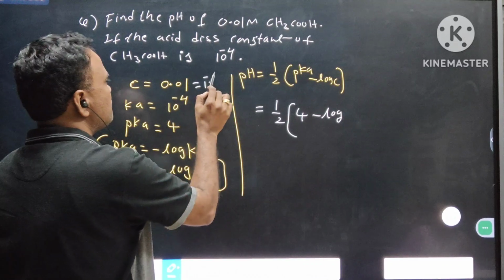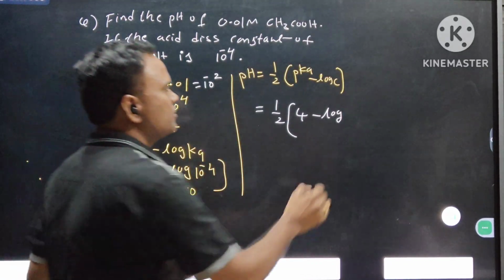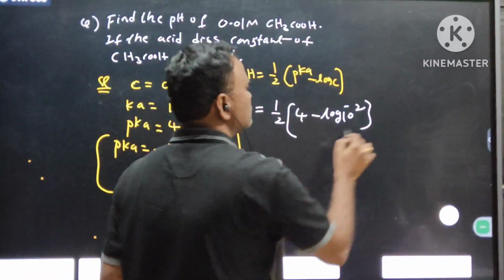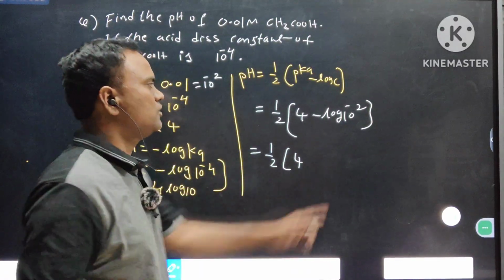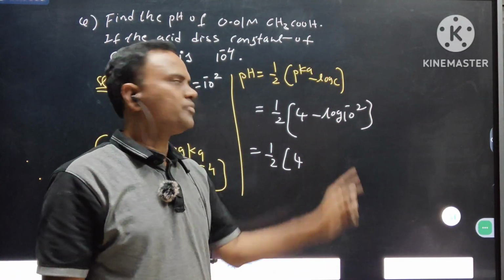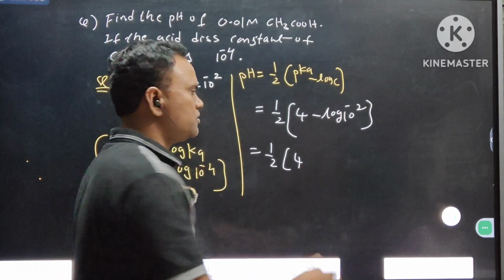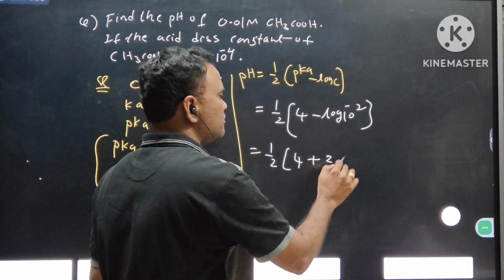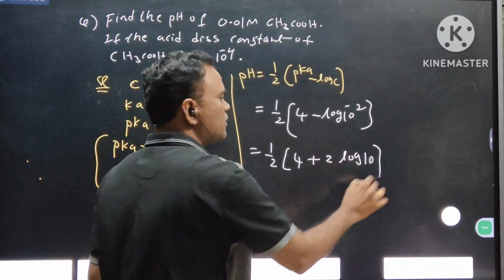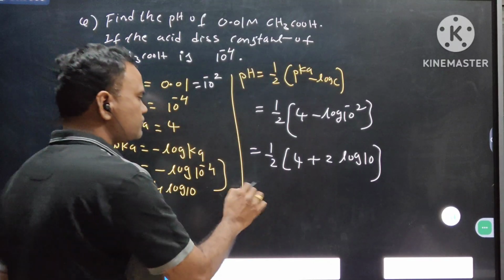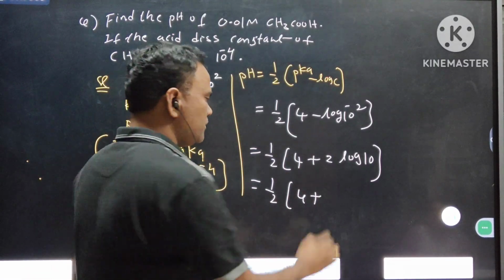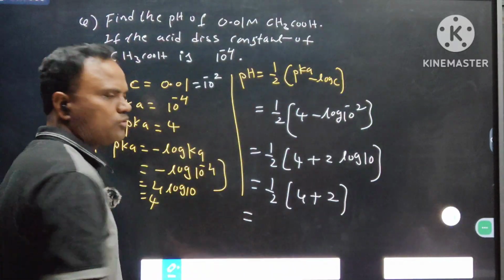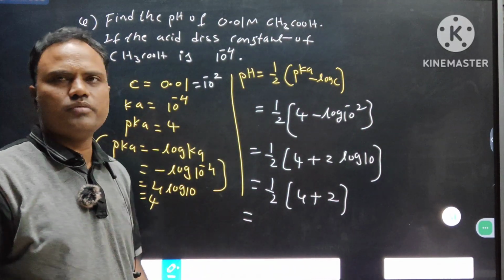Can we write this as 10 power minus 2? So 1 by 2 into 4, bring minus to the front. Already minus is there, so minus into minus is plus: 2 log 10. Log 10 value is 1. So 1 by 2 into 4 plus 2, that is 6, 6 into 1 by 2.